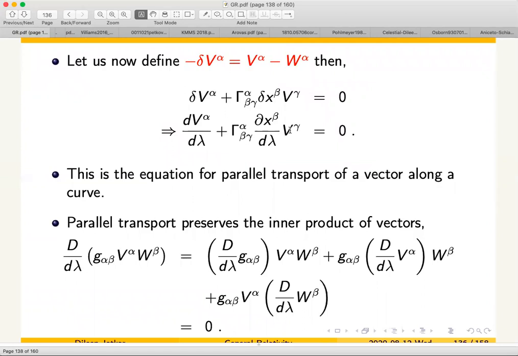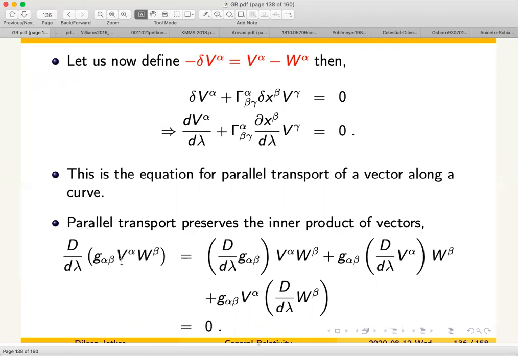Okay, so let's go to the next step, and that is that parallel transport actually preserves the inner product between vectors. So if you have two vectors defined at a particular point, you define their dot product, and then you parallelly transport these vectors along a particular curve. Of course, both are transported along the same curve, and you go to the new point, then their dot product would be the same.